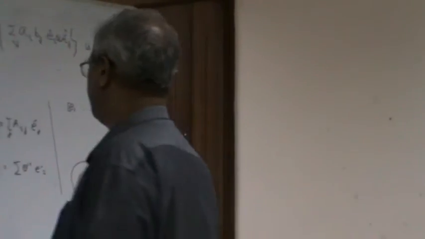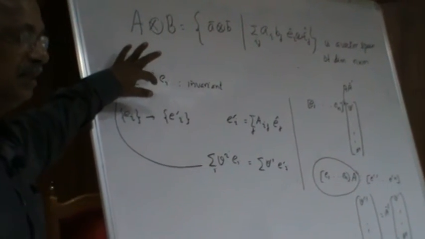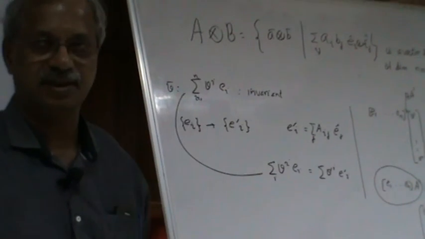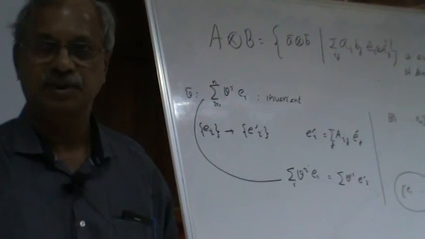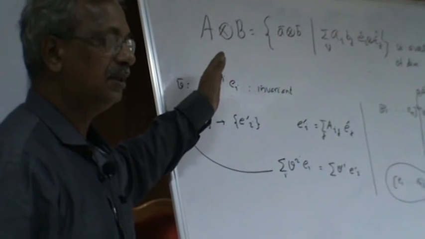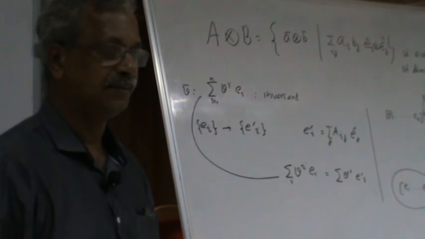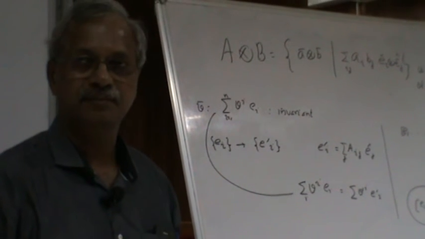So that is a simple way of understanding how the components of a vector must change when the basis vectors are changed. So basis vectors transform in one way, and we say the components of the vector transform in the opposite way.